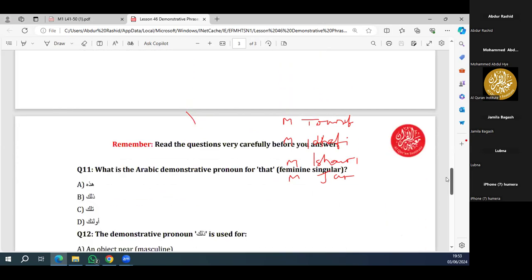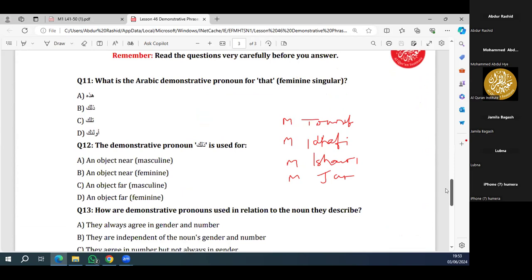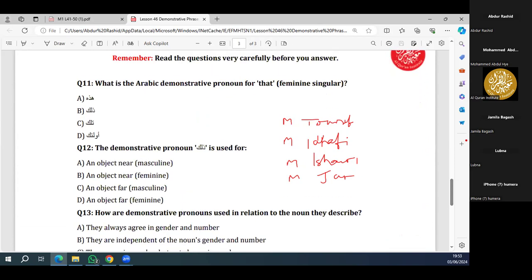Who can tell me one of them? Mawsuf sifa, murakkabe tawsif, can it be a mubtada in a sentence? Yes, no. Answer. Everybody yes or some no?